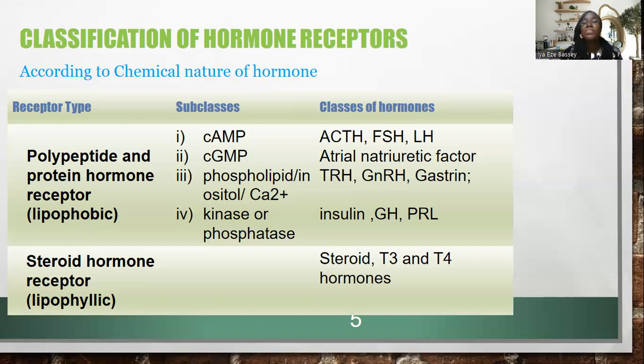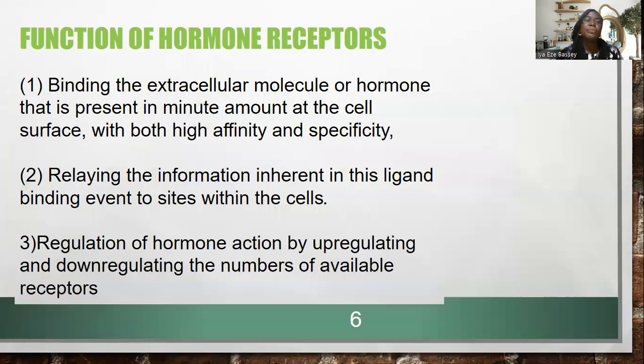Those that have phospholipid inositol calcium as their second messenger include your thyrotropin releasing hormone, your gonadotropin releasing hormone, as well as your gastrin. Then those that have a kinase or phosphatase include your insulin, growth hormone, and your prolactin. The classes of hormone that will use the steroid hormone receptors will be the steroid hormones as well as your T3, T4 hormones.